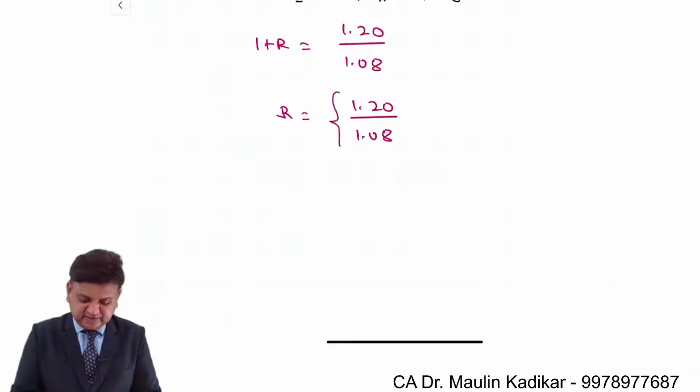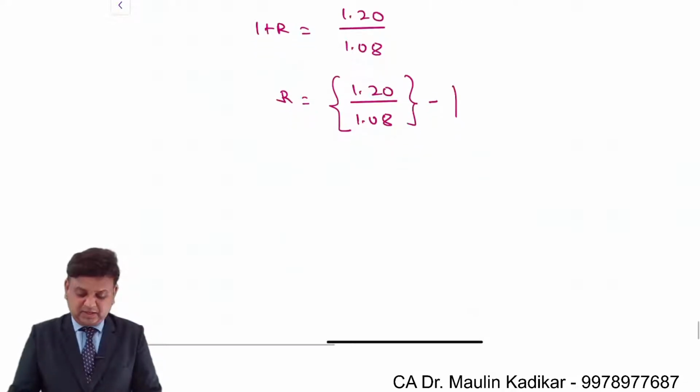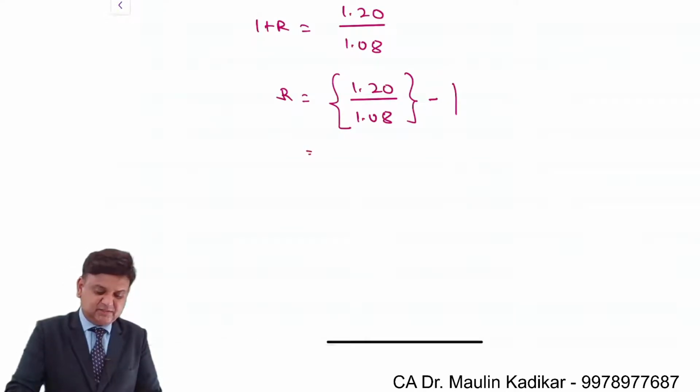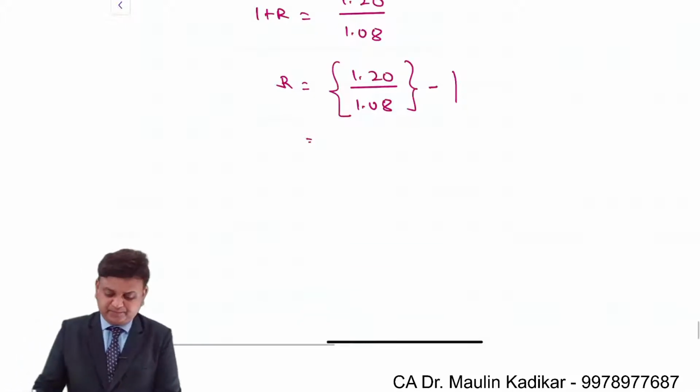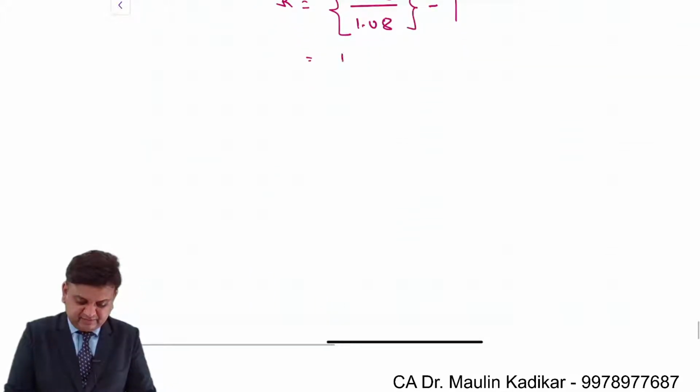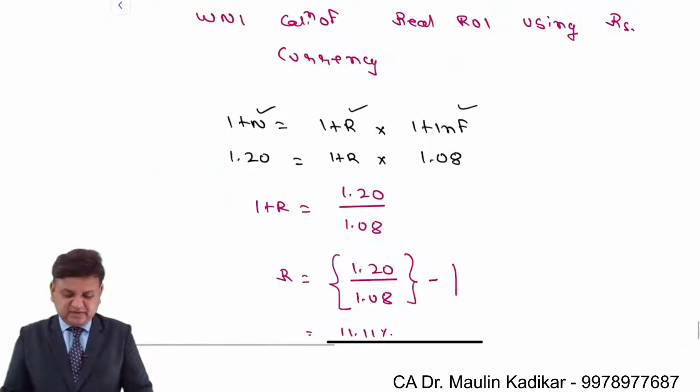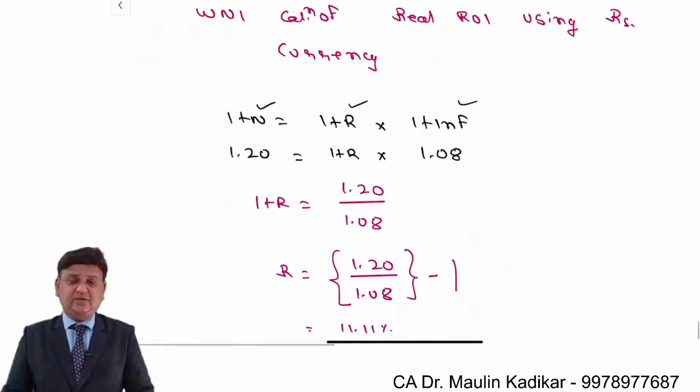Whatever the answer that we have, from that 1 will be deducted. In order to get the answer in percentage terms, lastly we will multiply the final answer with 100. So the answer comes to 11.11%. This is the way the real rate of interest is calculated using rupee currency rate of interest.